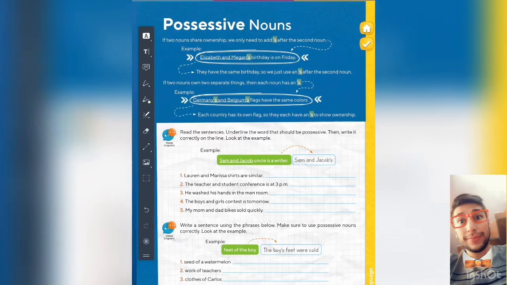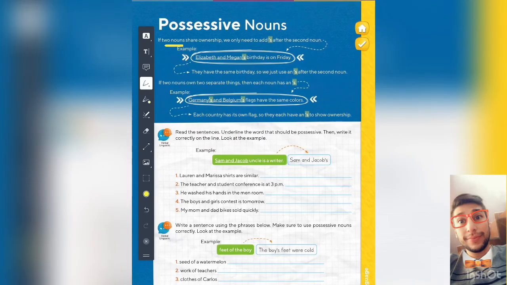If two nouns share ownership, we only need to add apostrophe S after the second noun. Example, Elizabeth and Megan's birthday. These two kids are sharing the same birthday. So there's no need to use the apostrophe in both names. We just add it in the second noun.